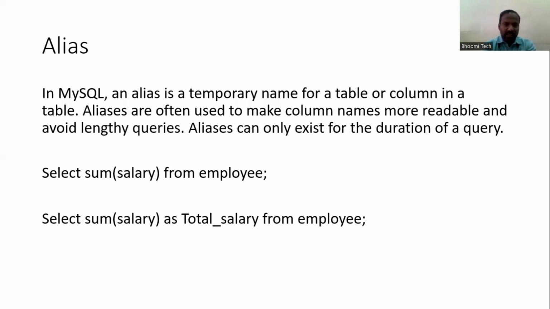So here I give an example. We have to calculate the sum of the salary of all the employees from the employee table. So let's see how it works in the workbench. I share my workbench.